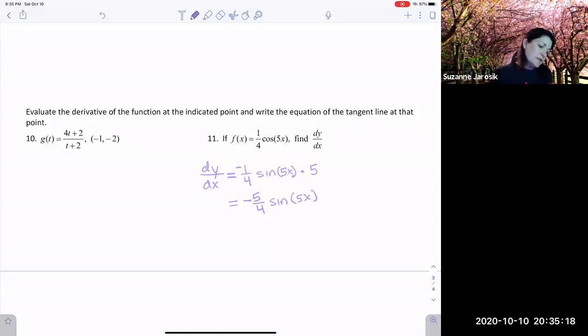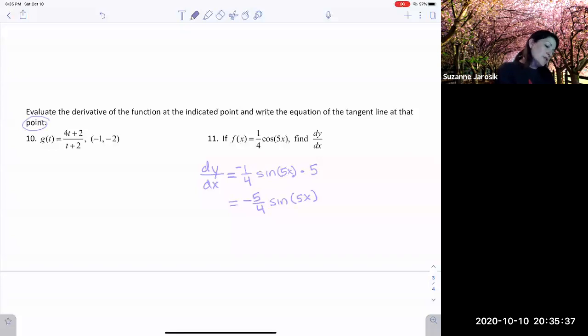At that point. So I wonder, this must be an old version of, I'm going to make up a point right now because where's the point? At that point.